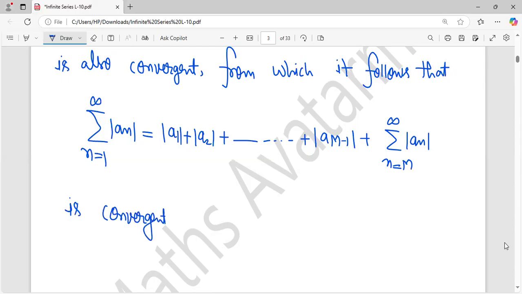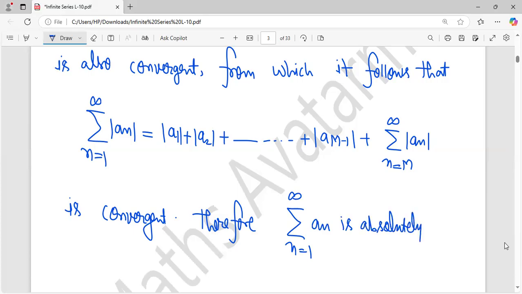Because adding a finite number of terms in a series does not change the convergence of the series. If some series is convergent, it will remain convergent, or if some series is divergent, it will remain divergent. Therefore, this series summation n goes from 1 to infinity of a n is absolutely convergent.